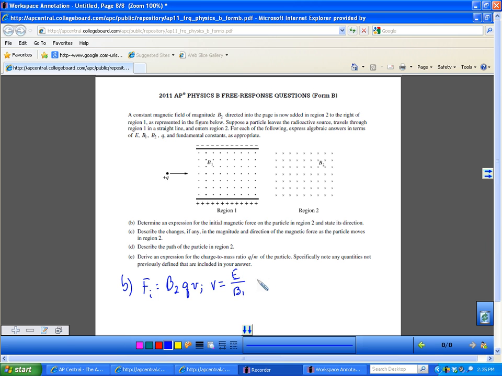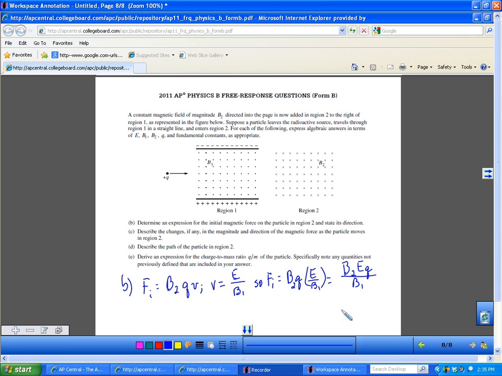We already got that in part A. So now my initial magnetic force is going to be vQ times B2, with v equal to E over B1. Or you could just say B2 E Q all over B1.